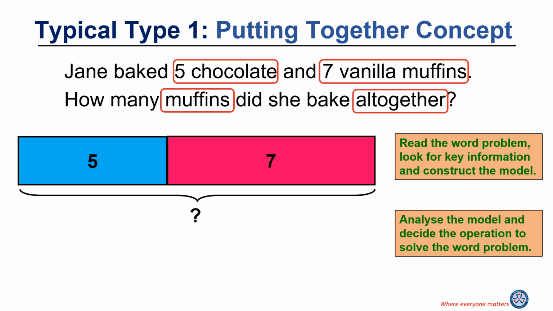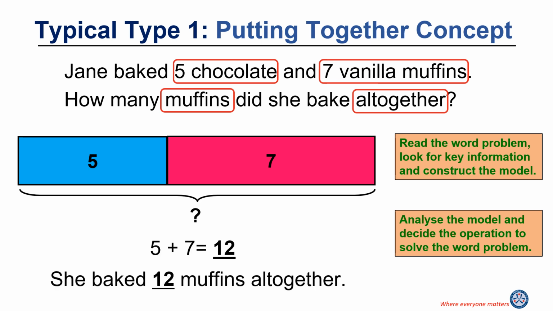Next, we have to analyze the model and decide on whether to add or subtract the given numbers to find the answer. From the part-whole model, we can see that the value of the whole is missing. So we have to add the parts to find the total number of muffins Jane baked. 5 plus 7 equals 12. She baked 12 muffins altogether.